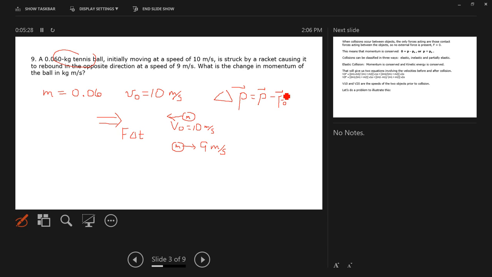So I probably thought we were done with vectors, but we're not. The final momentum is the mass of the ball times the final velocity, and I've drawn the final velocity as being to the right. So we have the mass of 0.06 times 9.